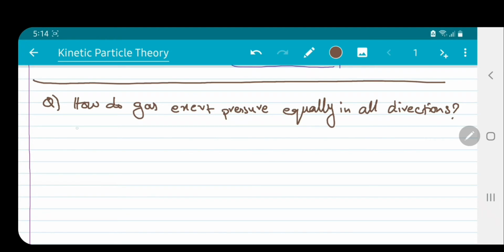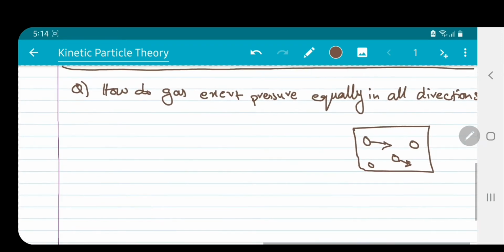This is a typical question which the examiner usually asks: how do gases exert pressure equally in all directions? Well, as we know, these are the gas particles, they collide with each other, moving from one place to another.